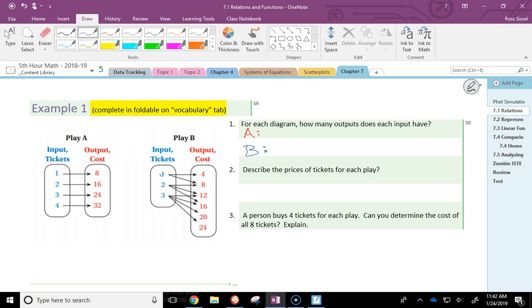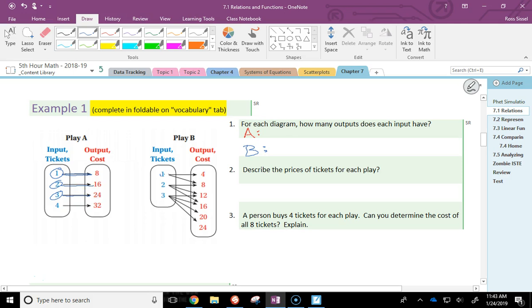Now, the ones that said 4, what you did was you identified how many outputs we had. But the question is, for every input number, how many outputs does it go to? And like Molly was just explaining, for this one, it only went to one number. The 2 only went to one number. The 3 only went to one number.